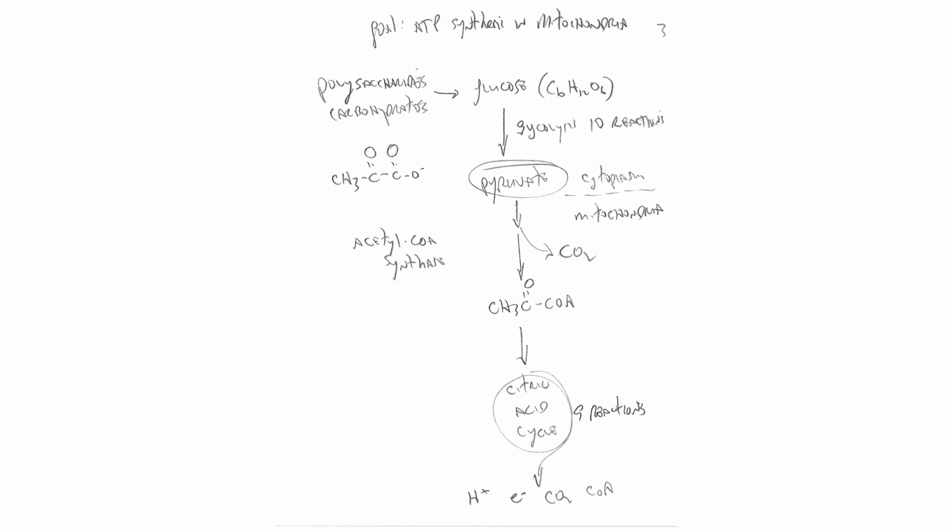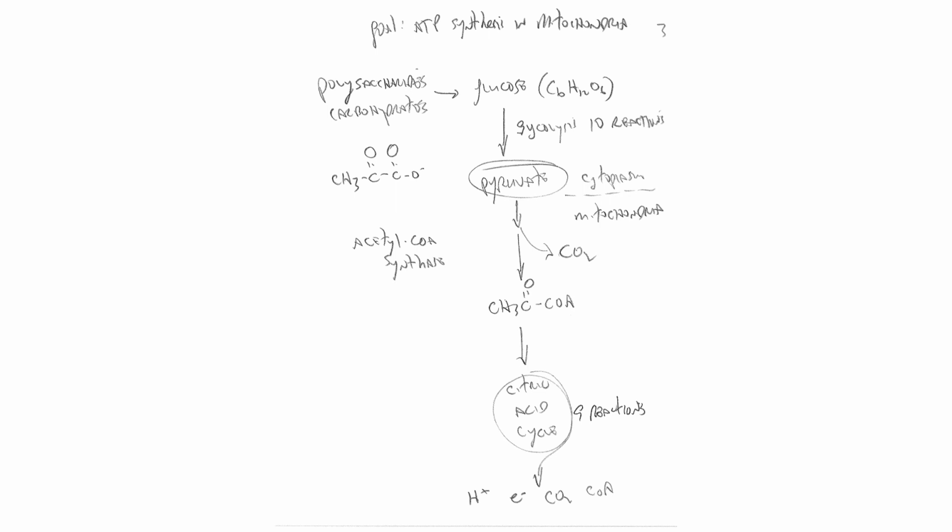CO2 is released, and the acetyl coenzyme A synthase then attaches what is left to coenzyme A. And there you see it towards the bottom, CH3 double bond O attached to the coenzyme A. So all the energy that originated in the sugar, we already generated 2 molecules of ATP in glycolysis, but the rest of the energy is held in that CH3 double bond O. That acetyl coenzyme A now gets fed into the citric acid cycle in the mitochondria.